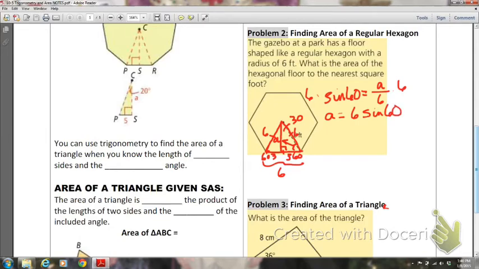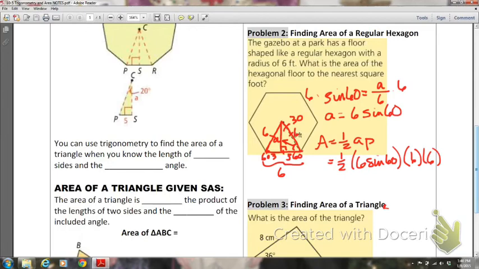So you should have what you need now to go into your formula for 1/2 apothem times the perimeter, because you got 1/2 6 times the sine of 60 times your perimeter, which is going to be, there's 6 sides and each of them has a length of 6.